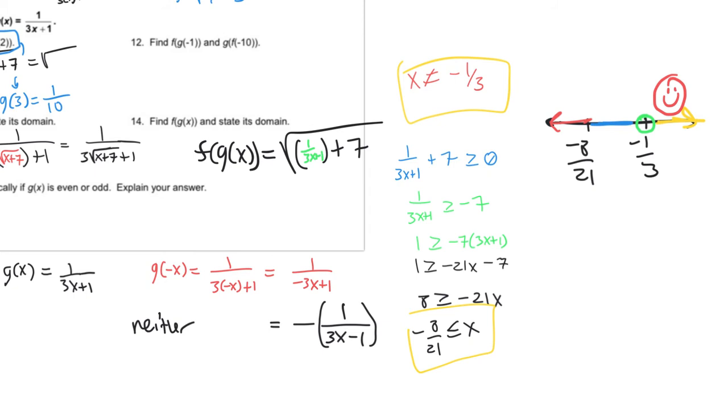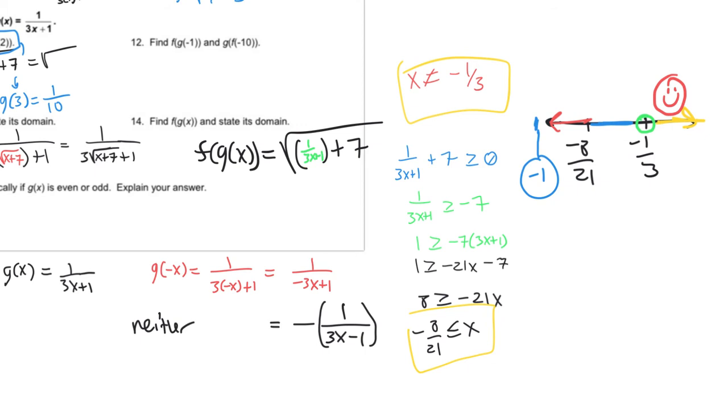Then you could find a number that's less than negative 8 over 21. Remember, negative 8 over 21 is kind of close to negative 1/3. Something less than that would be something like negative 1. So let's test negative 1. When you plug in negative 1, it will be 1 over negative 3 plus 2, right?